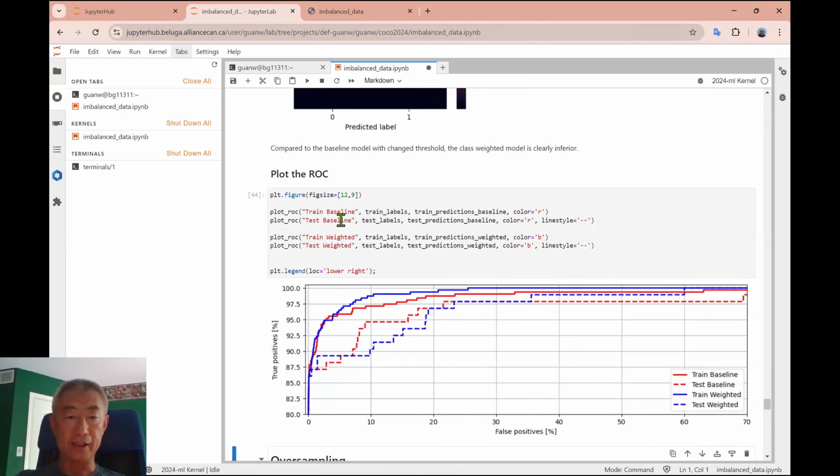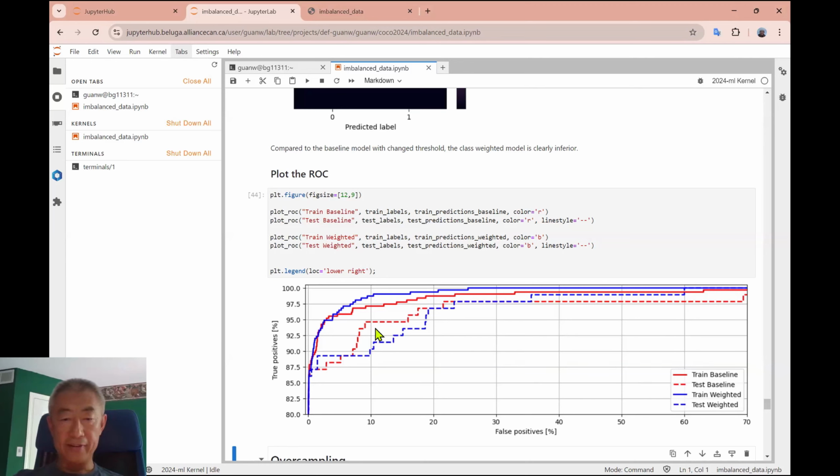We call the previous one the baseline model. The current one we call the model trained with weighted samples. We can see that in the early part, let's say at the true positive rate below 88 or 89, the weighted strategy works better than the baseline.